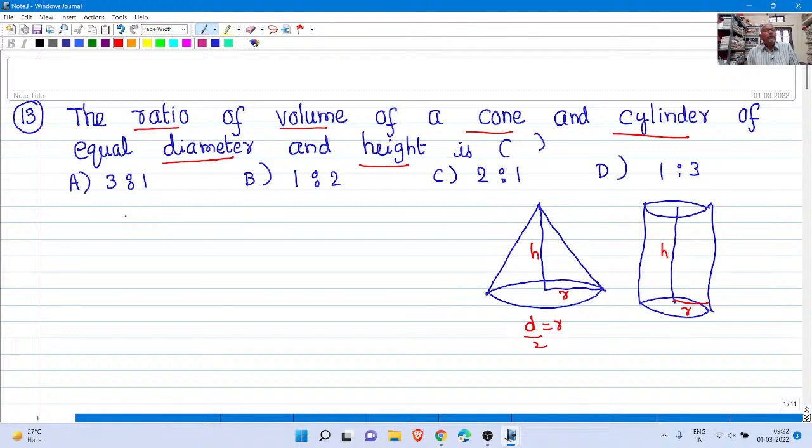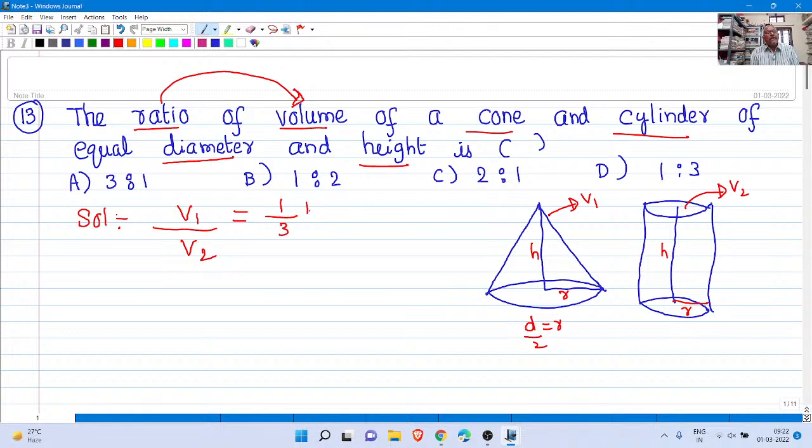So what we need to find out? Ratio of the volumes. Say the volume of the cone is V1, volume of the cylinder is V2. So we need to find out V1 by V2. V1 upon V2 is equal to the volume of the cone, 1 by 3 pi r square h, upon the volume of the cylinder, pi r square h.